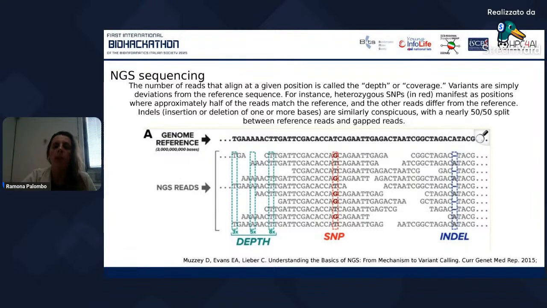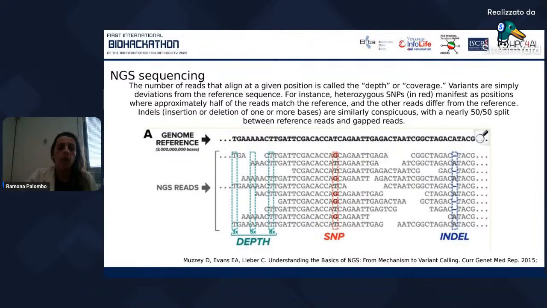If we have a number of reads that align to the reference genome n times, we say that we have n depth of the procedure. So we have a defined number of reads that can be aligned to the specific region.